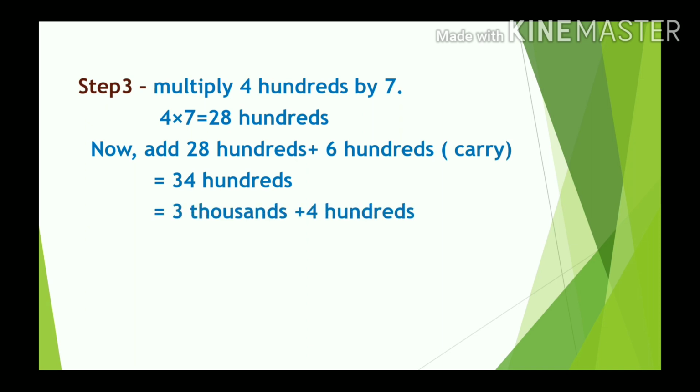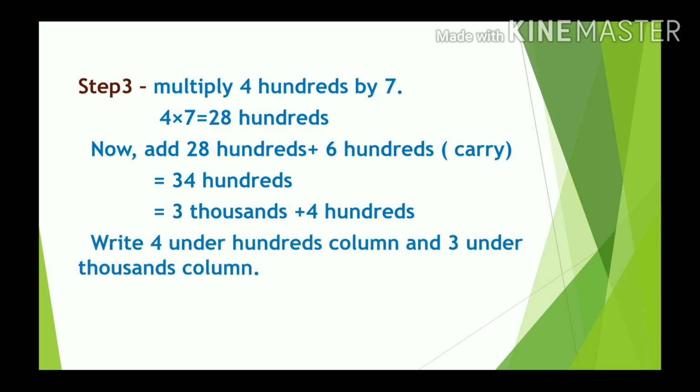We can write 34 hundreds as 3 thousands plus 4 hundreds. So write 4 under the hundreds column and 3 under the thousands column. Thus the final answer is 486 multiplied by 7 is equal to 3402.